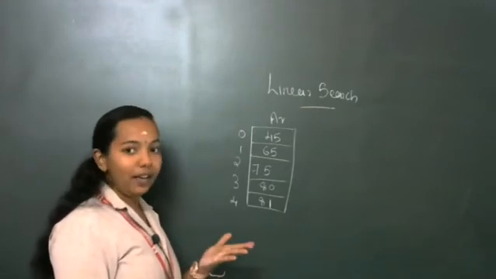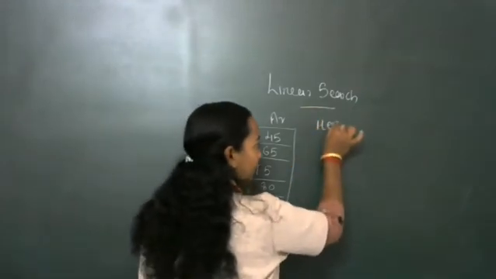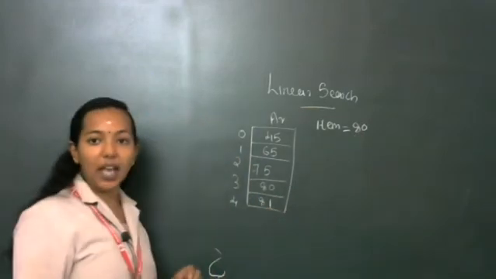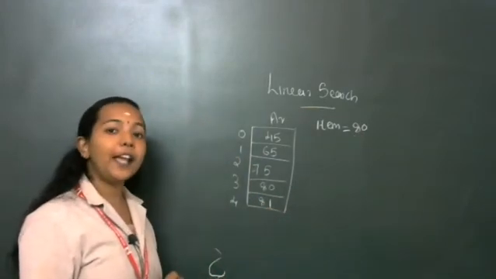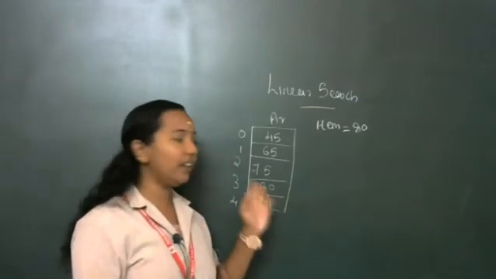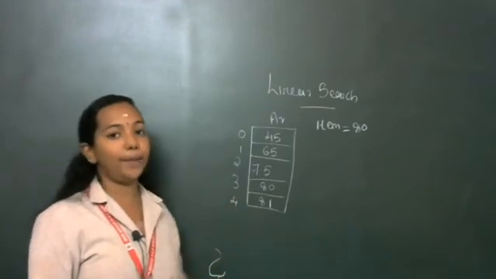Suppose you want to search for an item equal to 80. You want to find out whether the element is present in this array or not, and if it is present, then print it.